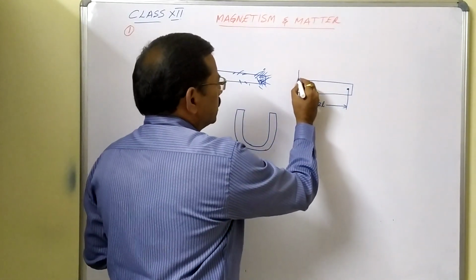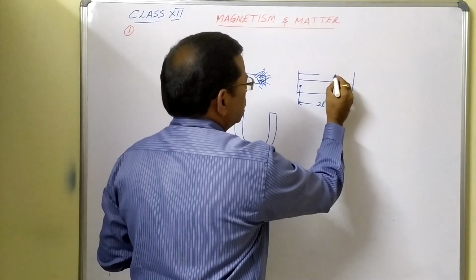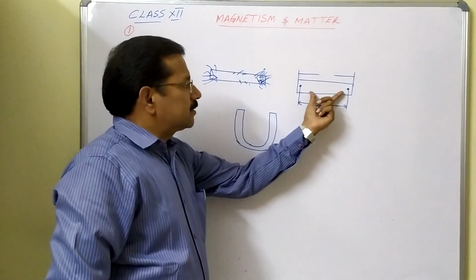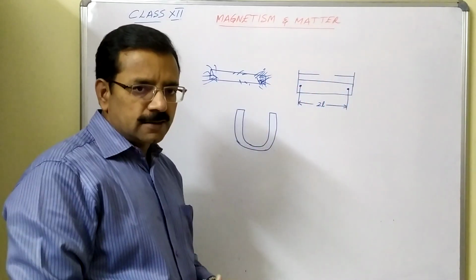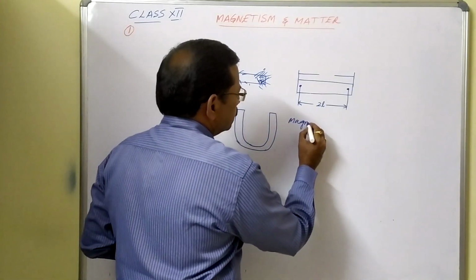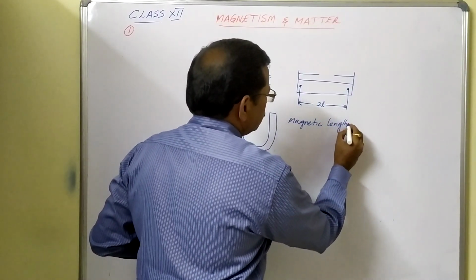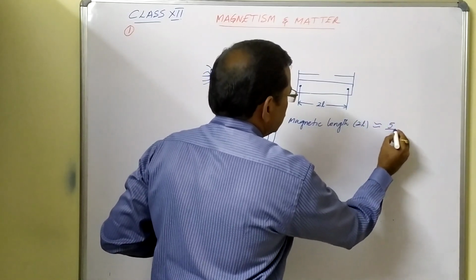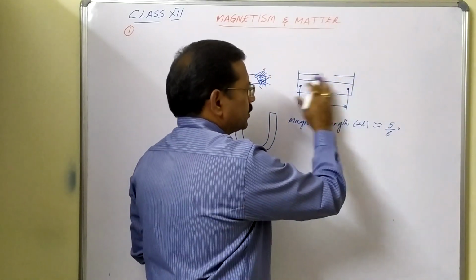The distance between these two faces of the magnet is the physical length. But clearly magnetic length is slightly less than the physical length. This magnetic length 2L is nearly 5/6 of the physical length of the bar magnet.